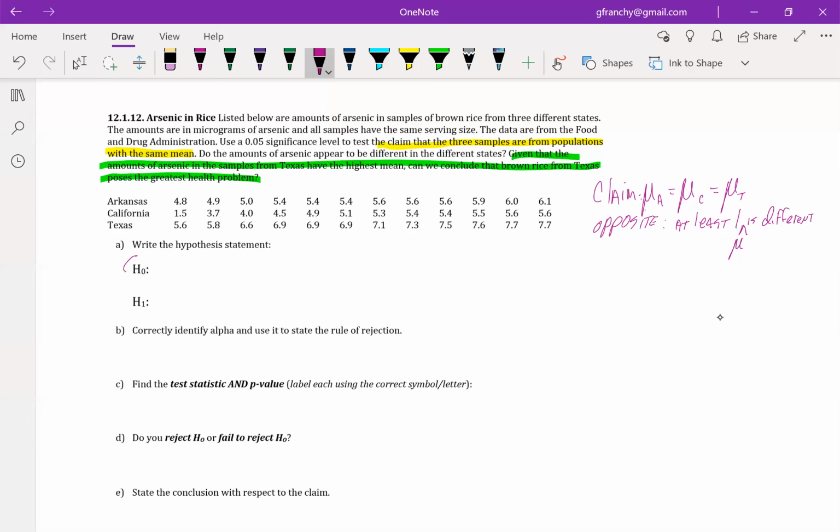So to write out our hypothesis statements, we can use symbols for the null hypothesis. This is the case where they're all equal to each other, because the null always has the equal case. And our alternate hypothesis is that they're not all the same, or at least 1 population mean is different.